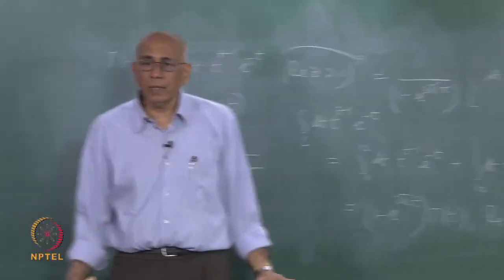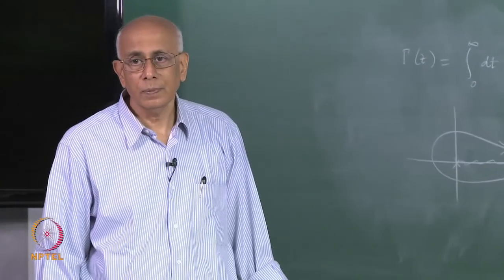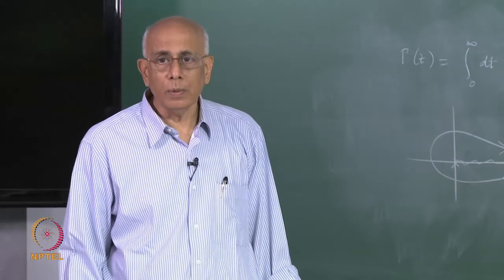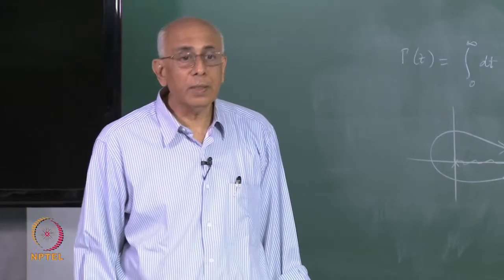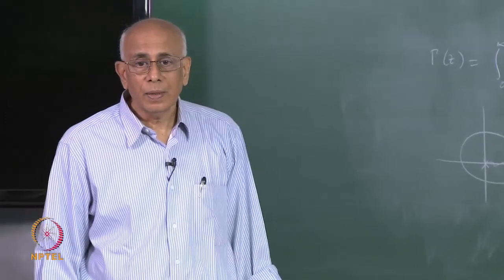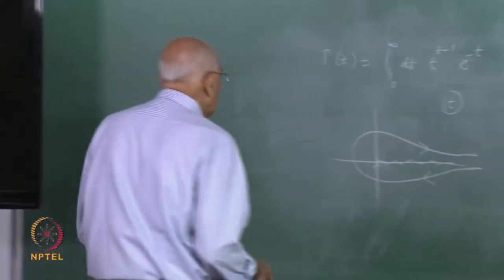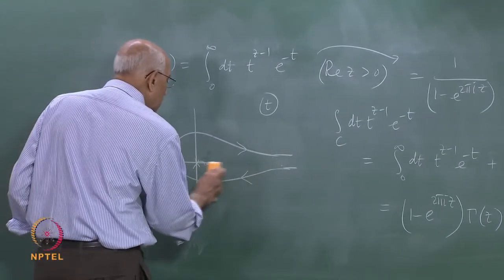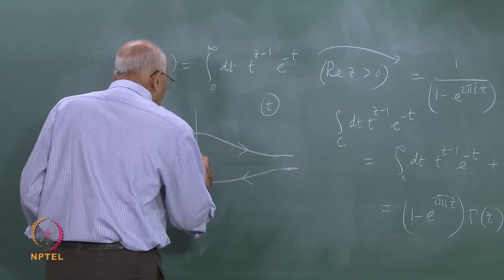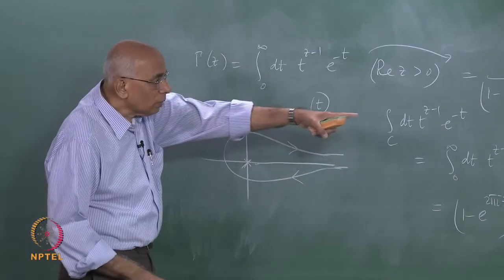What sort of singularity does that have? It has a pole at t equal to 0. Is there a branch cut? Is there any multiple valued function left? No. So the branch cut disappears, the discontinuity disappears, and you have a pole at this point and you have a contour of that kind.